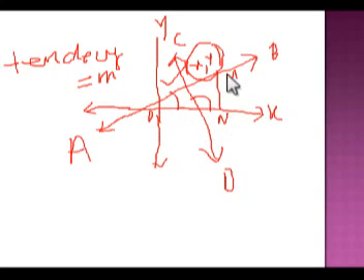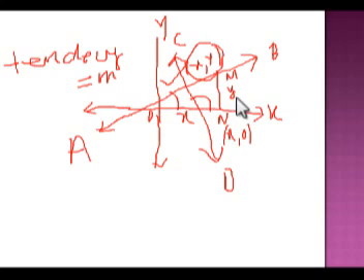The coordinate of M is xy, and the coordinate of N is x,0. So the length of MN must be y, and ON must be x.